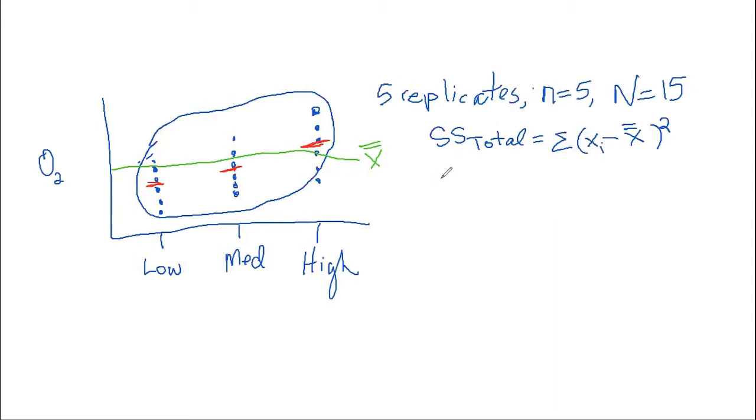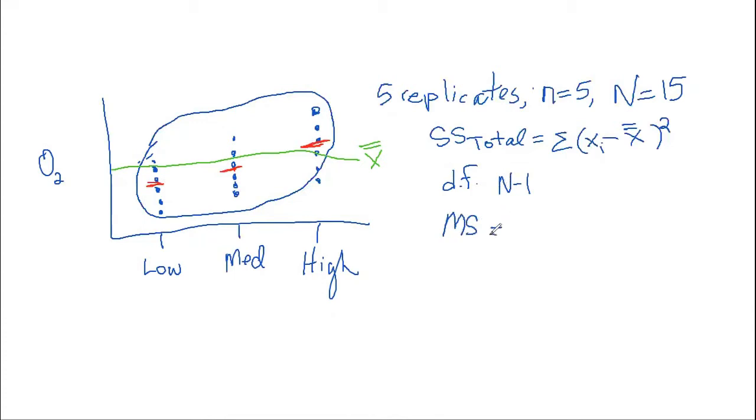To get our variance, we take our sums of squares and we divide it by the degrees of freedom. So our degrees of freedom, okay, since we're looking at all these observations, we're going to use big N minus 1, okay? We call the variance in ANOVA mean squares.